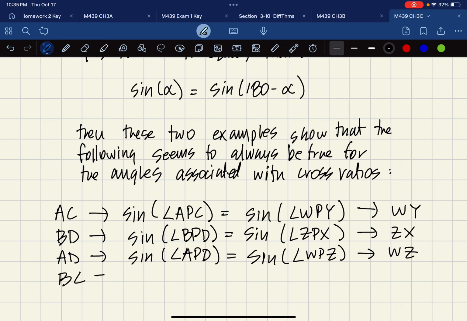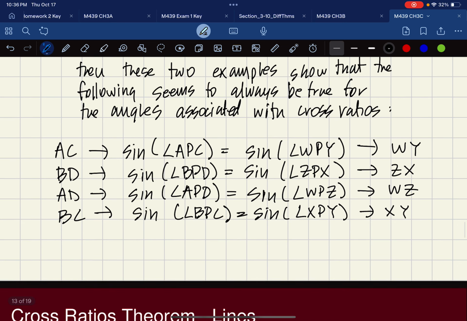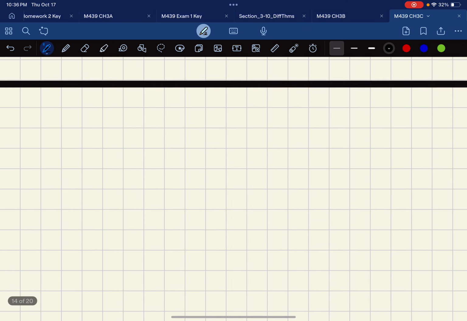BC is associated with the sine of angle y. So again, the arrows are the association that I'm trying to draw.